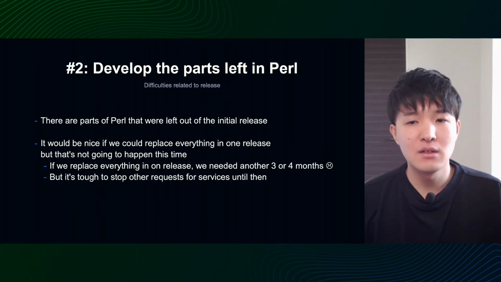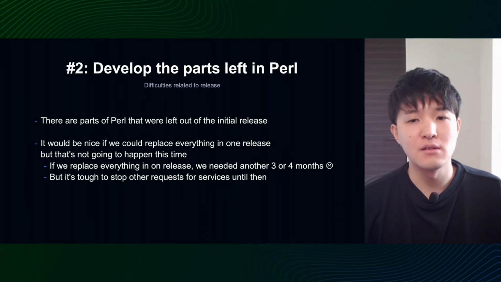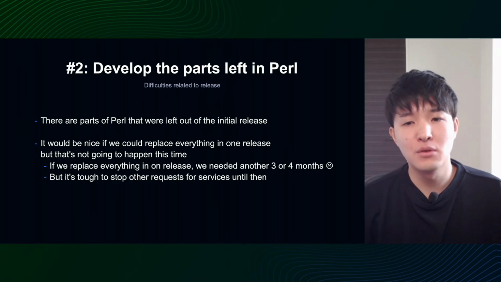The second difficulty we encountered was developing the parts left in Perl. If that was a one-time go, we wouldn't have faced this difficulty. But if we were to do it, then it would have required another 3-4 months.